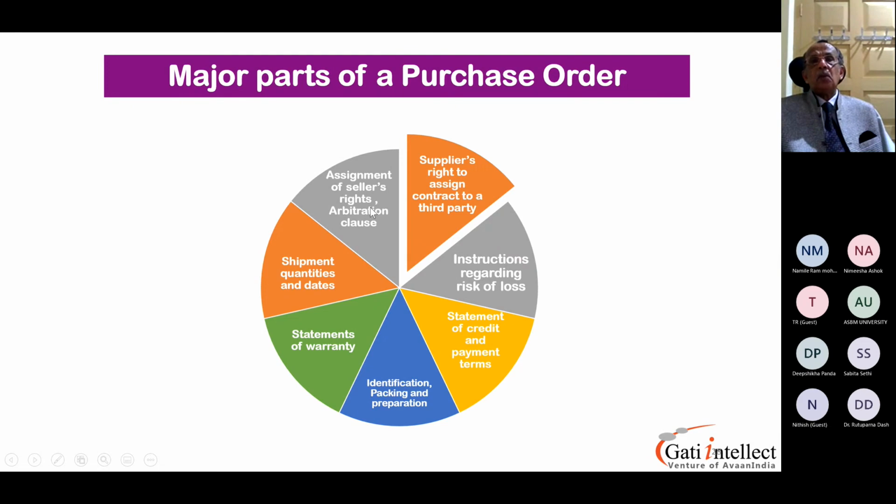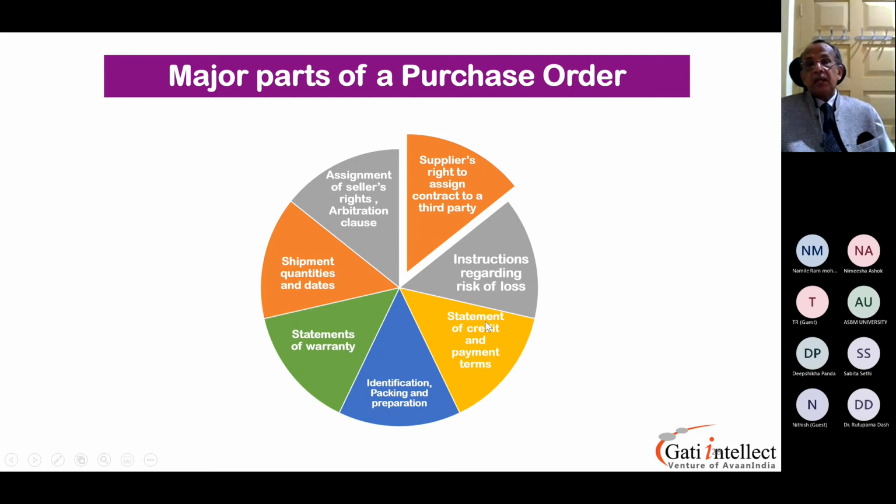Let's get a little more detail into the purchase order. The supplier's right to assign a contract to a third party must be put in the purchase order, or to start with, in the proforma invoice itself. Then instructions regarding risk or loss should be shown very clearly as well.